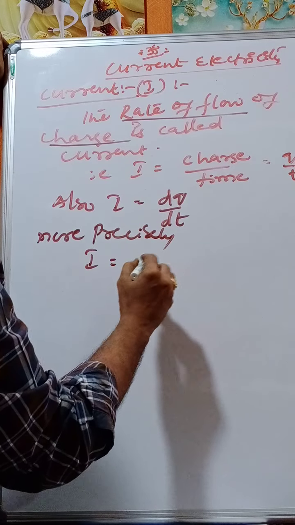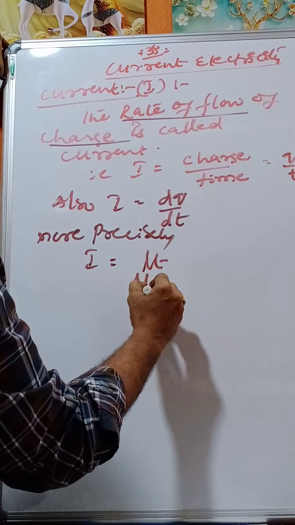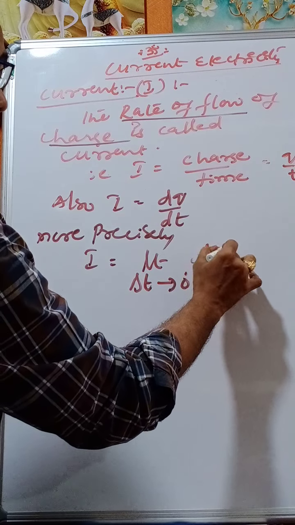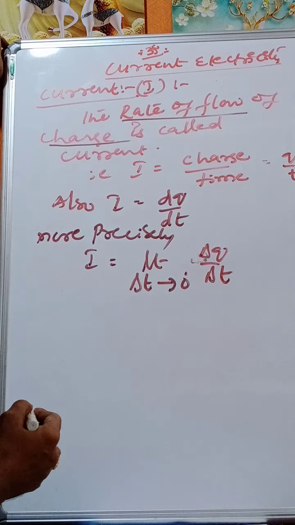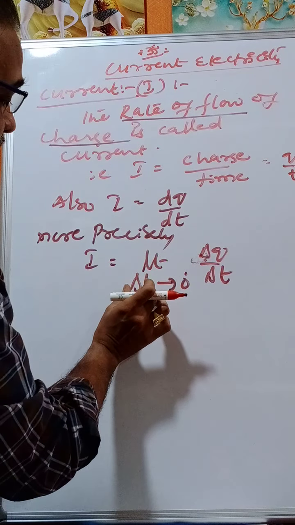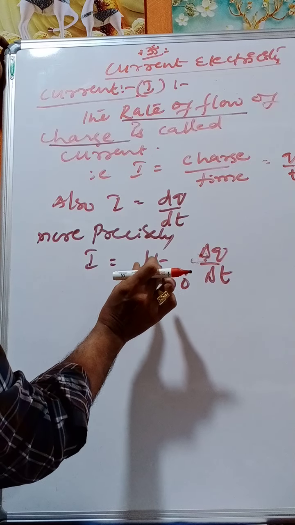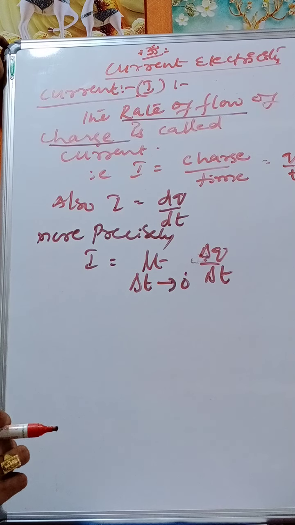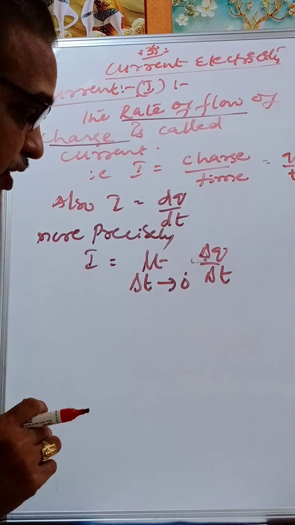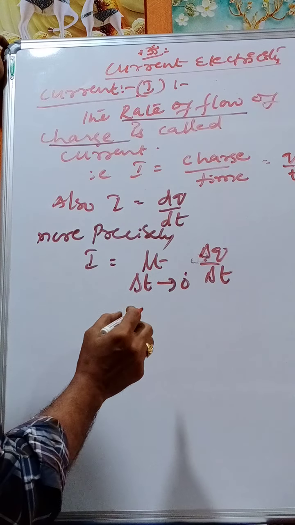I is equals to limit delta t tends to 0 delta q by delta t. In more precise, we can write the exact definition: as delta t, the change in the time, is very small, tending towards 0, I is equals to limit delta t tends to 0 delta q by delta t.